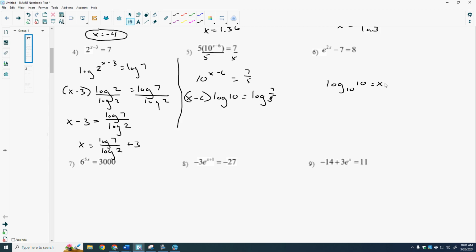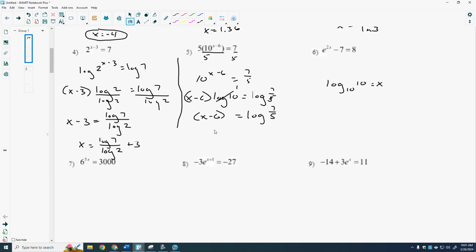So the answer to this is 1 because 10 to the first is, or sorry, 10 to the first is 10. So the answer to this is just 1. And 1 times anything is just that thing. So in this case, it makes more sense to use a common log compared to a natural log. If you did not do that, at this point in time, you divide by ln of 10.